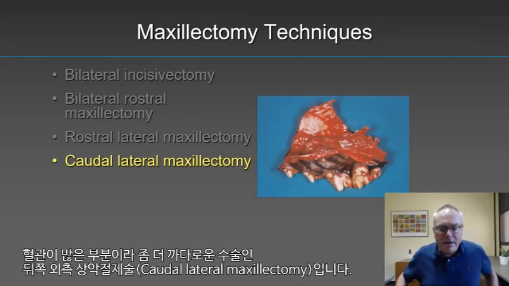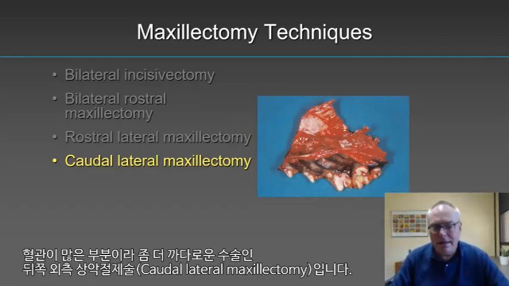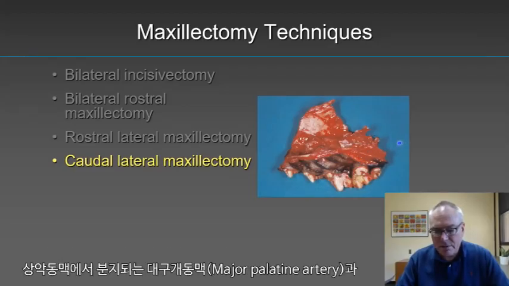And then we have the caudal lateral maxillectomy, which is a slightly more challenging type of maxillectomy because the blood supply to this area is very good, but it's difficult to get by. So here we have the maxillary artery that gives off the major palatine artery.